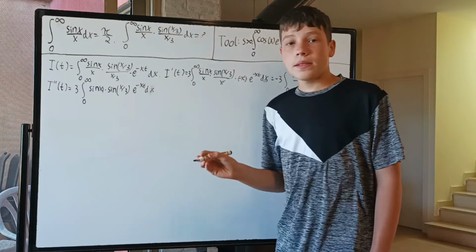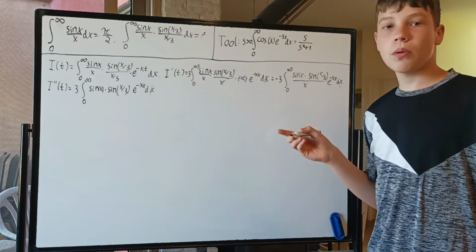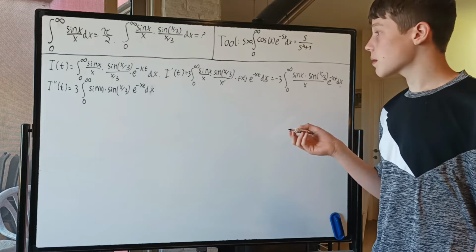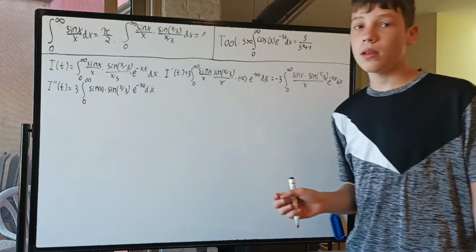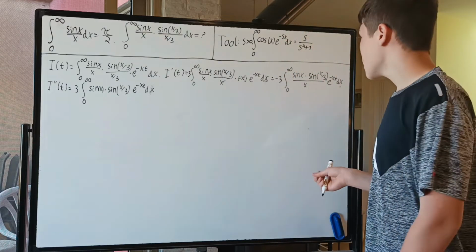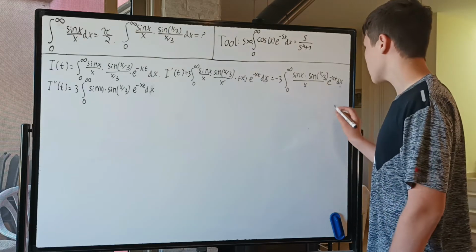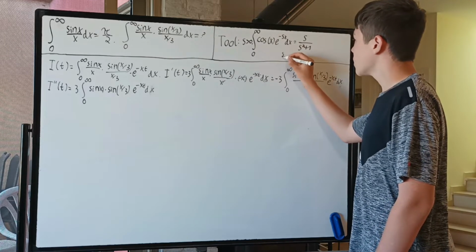Okay, now we've reached this point, and it seems a little hard to know what to do next, because we have the product of sines. But the product of two sines can be easily expressed by half the difference of two cosines, like so. Let me write it here.